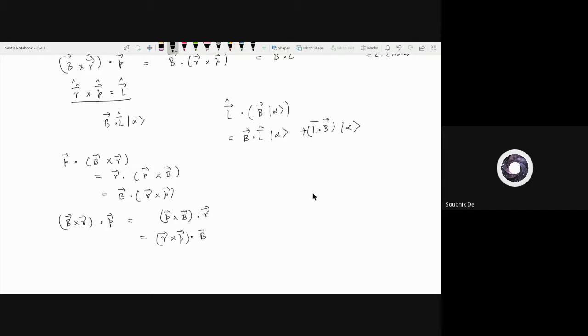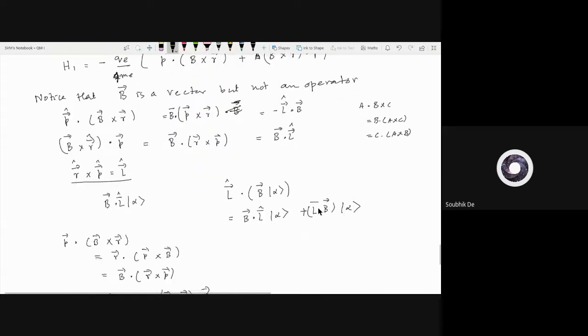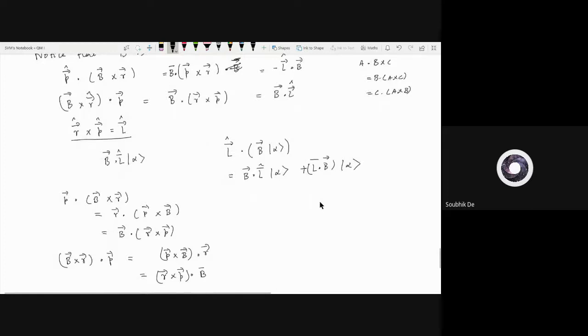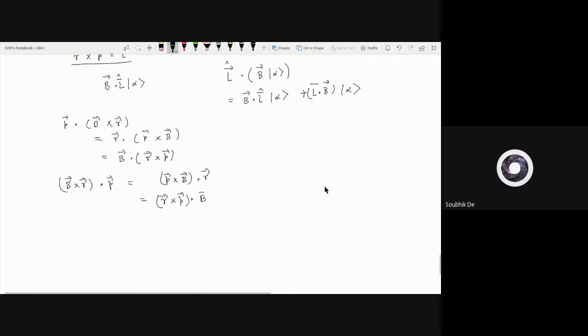Okay. So if it is becoming the same term, then there is no problem. So I will have the R cross P, L dot B term there, correct? It is more convenient for me if it is becoming the same term.